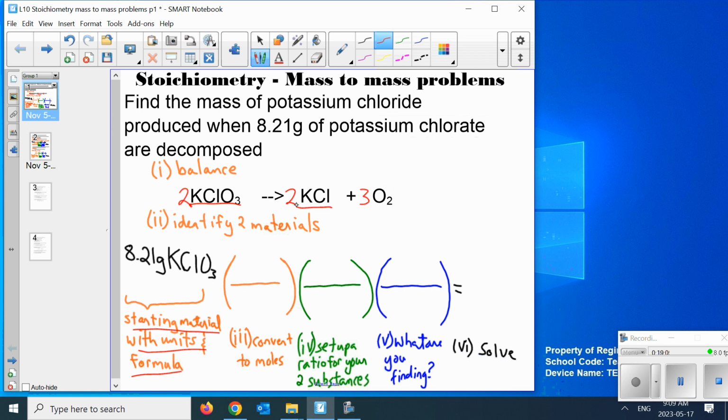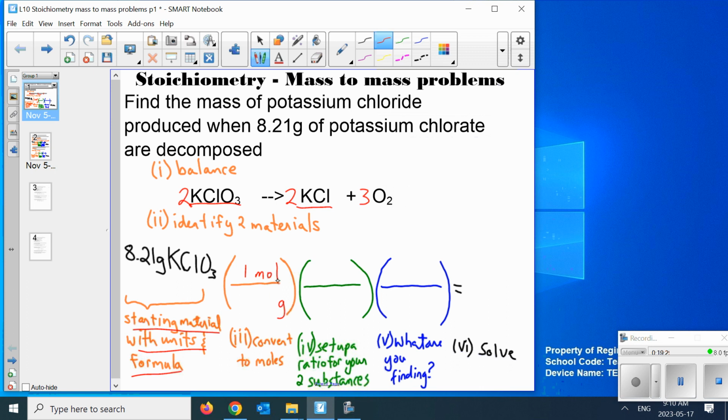So, always start with your given material. Typically, it's not a fraction. If needed, convert to moles. Well, we do need to. So, grams. Getting rid of grams. I got to use the periodic table. I know we added it up there big.